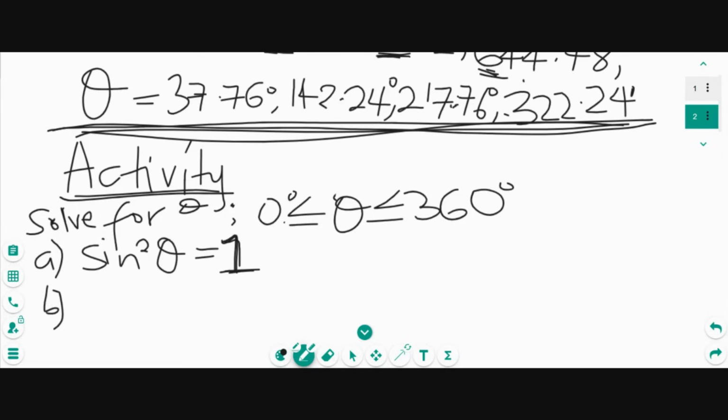The second question that you're going to do is sine squared 2 theta is equal to 1. These are two different questions.